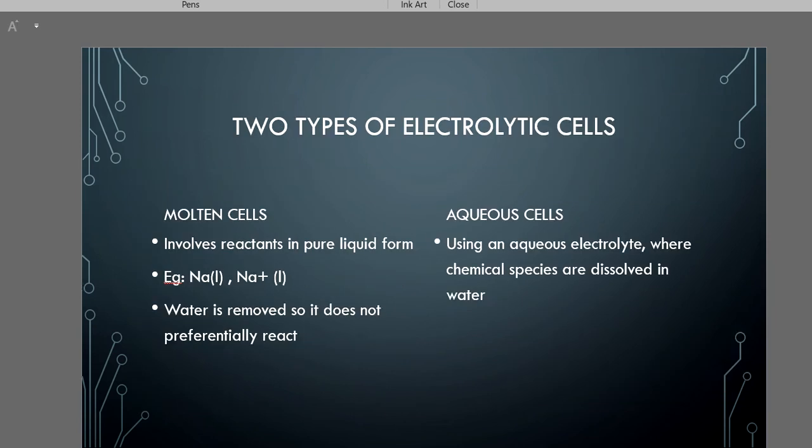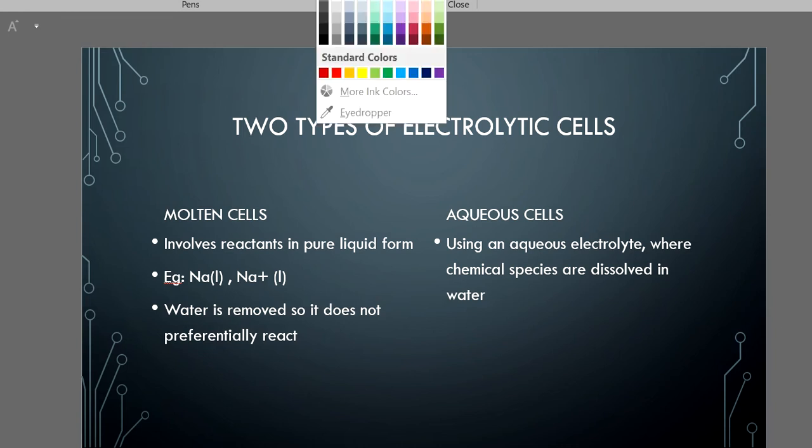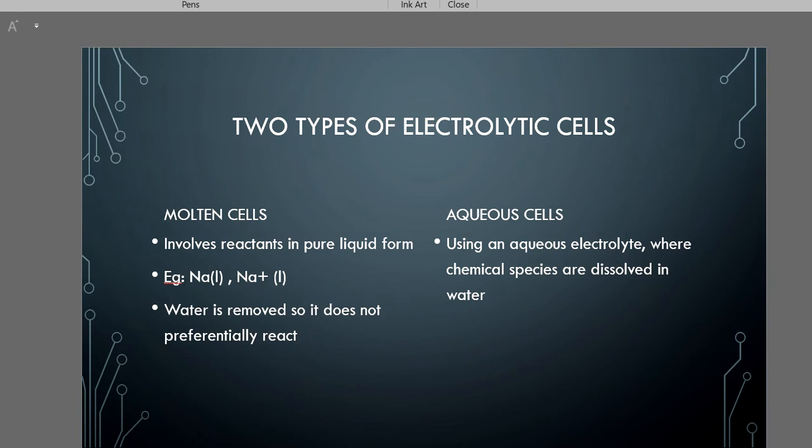All right, so the next part of this is actually looking at some of the different types of cells that we will get in industry. And 2 common names we've already been through, molten cells versus aqueous cells. Let's just start with aqueous. It's what we've typically been looking at for the last few weeks, where we have our cell and our redox reaction occurring within an electrolytic environment.